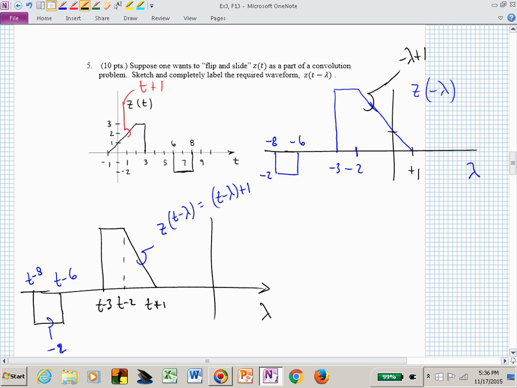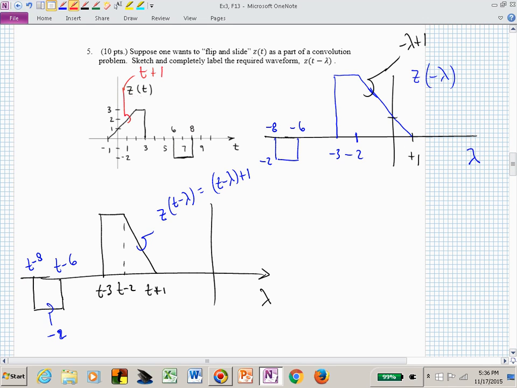Now, how could I change this problem to make it a little different? Let me introduce a new piece to this. So that's answering that question. But let's say that now I've said, okay, problem 6, which it isn't, but let's say that now I introduce an h of t that maybe looks like this. And now let's say that goes up to 2, and it starts at 0.